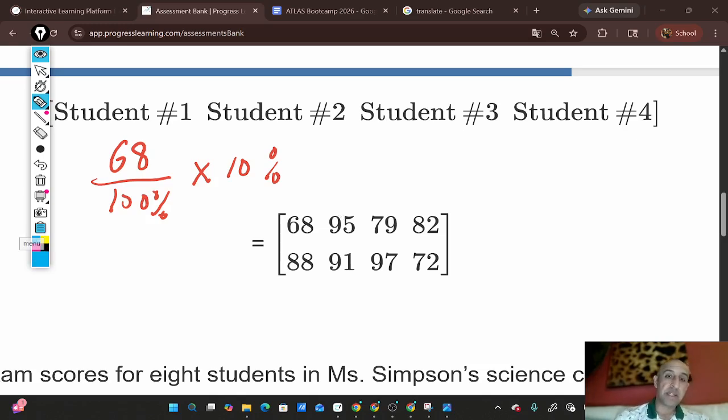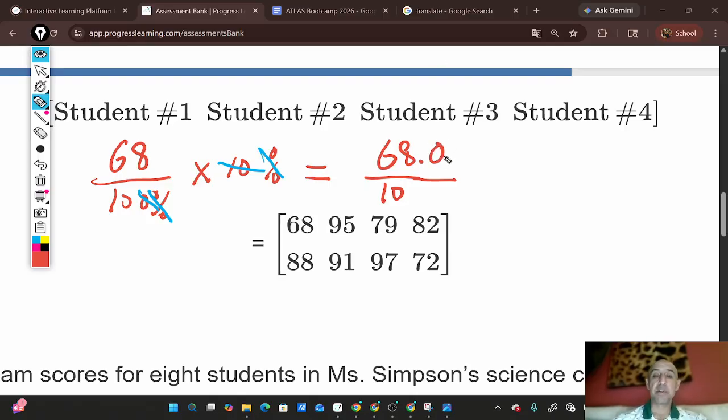We can cancel the percent with the percent. We can cancel 10 with one of the zeros. Then we have 68 divided by 10. We can write the 68 as 68.0.